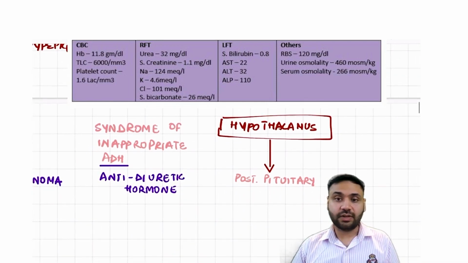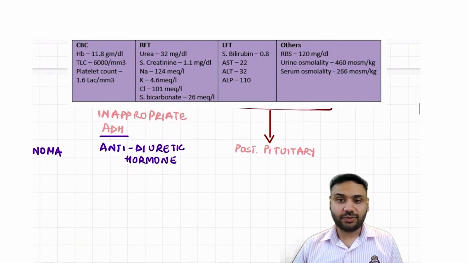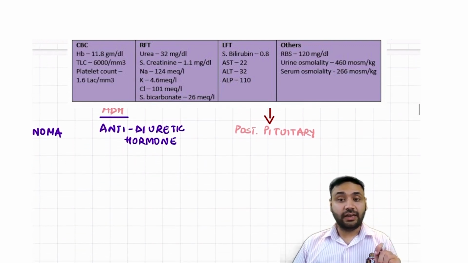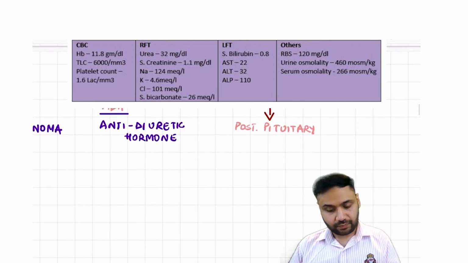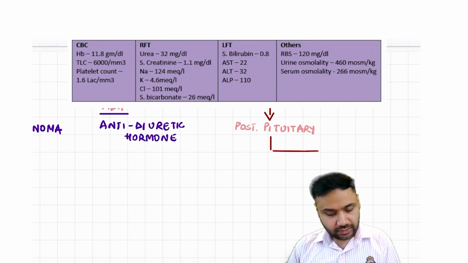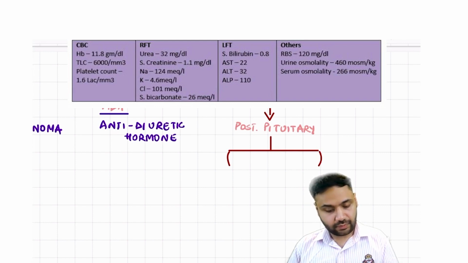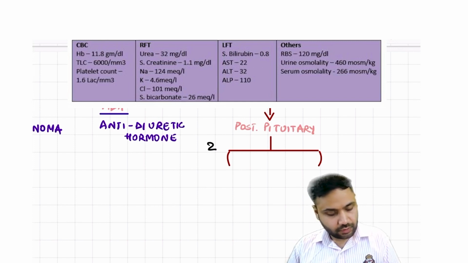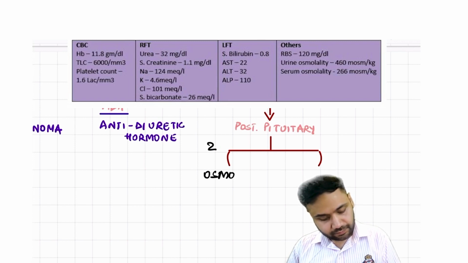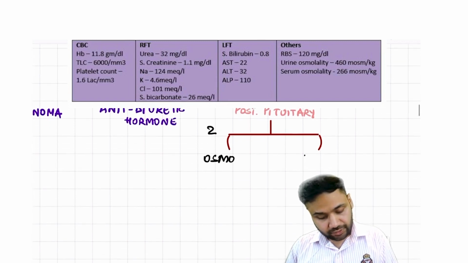Let's dive into what ADH controls and what leads to its secretion in the body. The posterior pituitary, as we know, stores the ADH, and it regulates two things: osmoregulation and volume regulation.